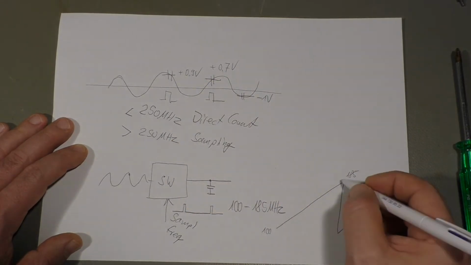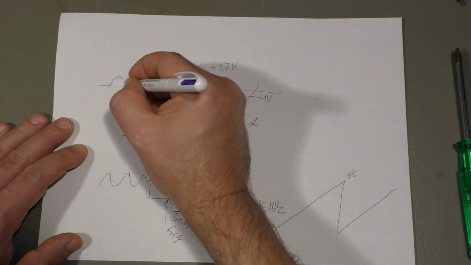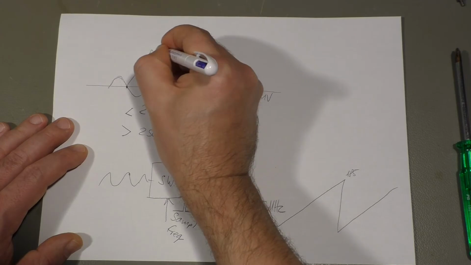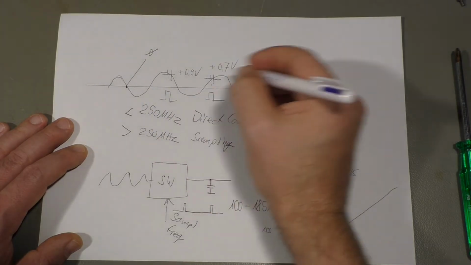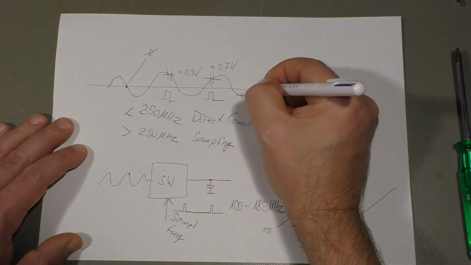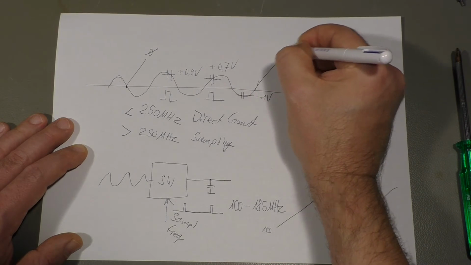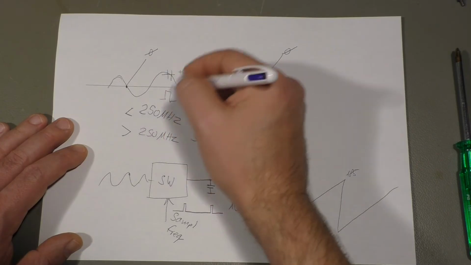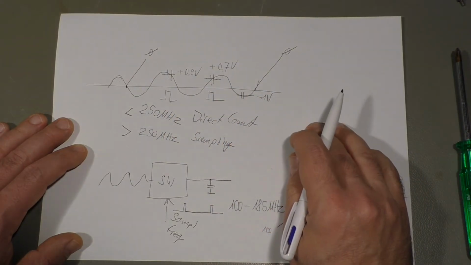When you have the right frequency here, you probably hit the 0 point here. 0. And you probably hit the 0 point here, because your sampling frequency is slower than the wave you want to measure.